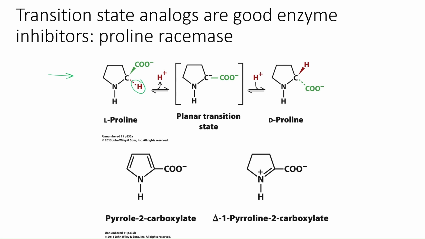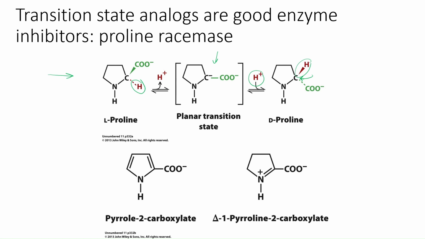From the back, the proline proceeds through this planar transition state in the middle, where the chiral carbon is essentially flat, or has 120-degree angles, and then the enzyme puts the proton back on to make the carbon chiral again, and it does that from the front. So the overall configuration about this chiral carbon has changed.